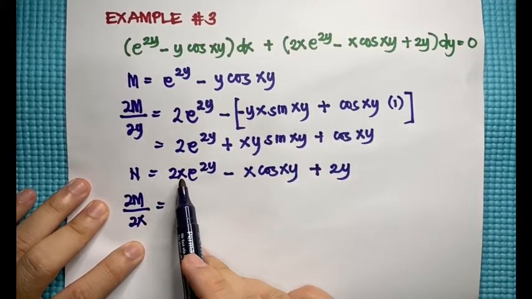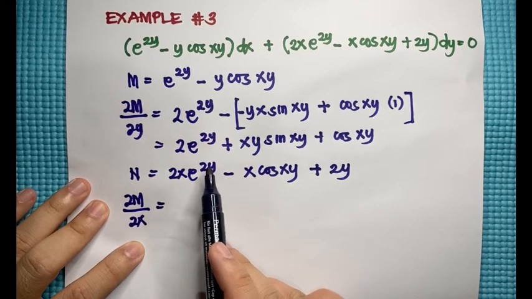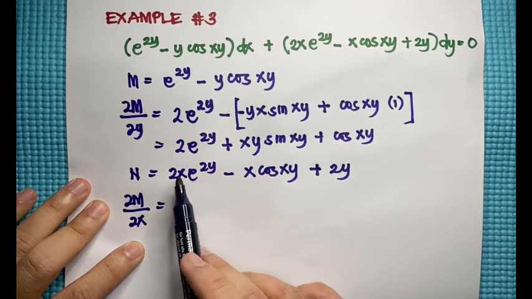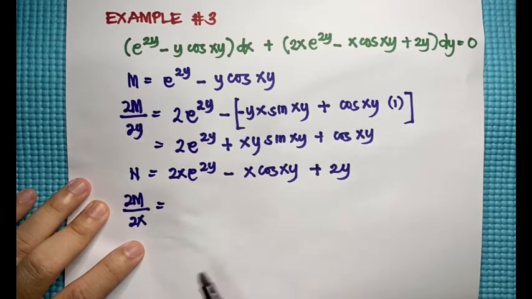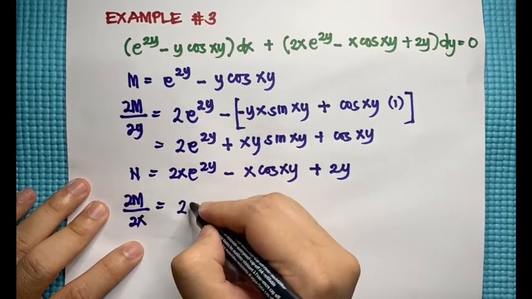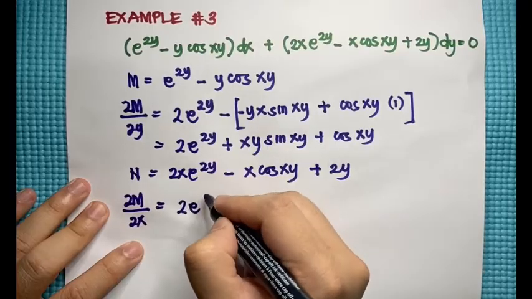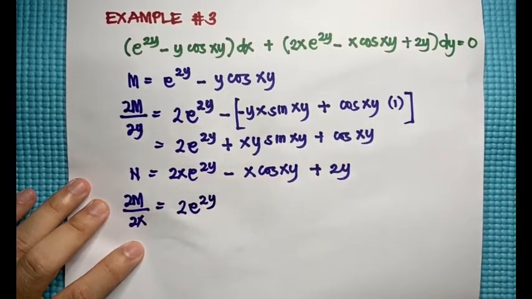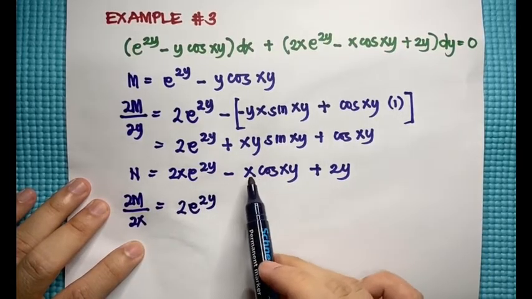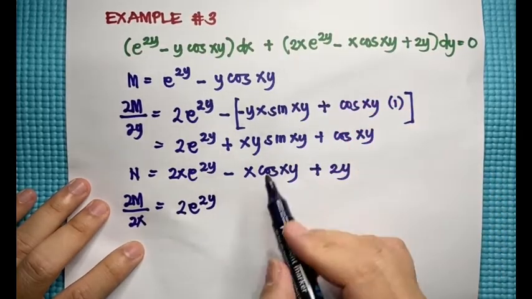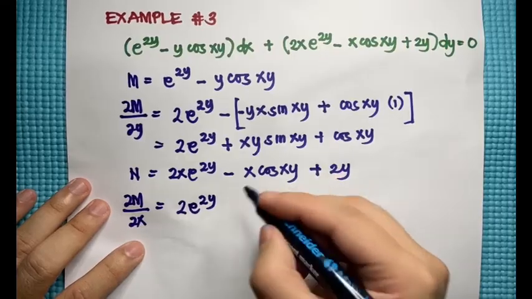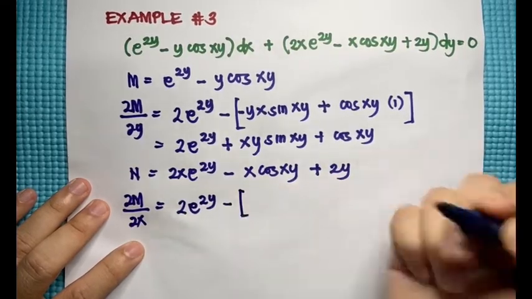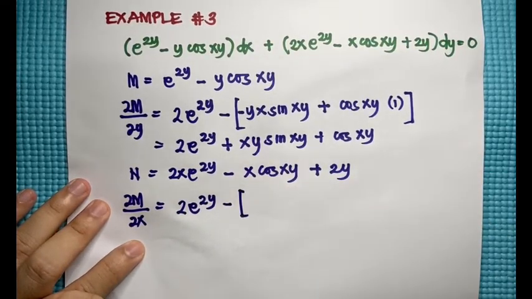From here, 2e raised to 2y is considered to be constant and x is the variable. The derivative of x is 1, leaving us only to have 2e raised to 2y. And similarly as before, x cosine xy involves the variable x, so therefore we will be using the product rule as well.